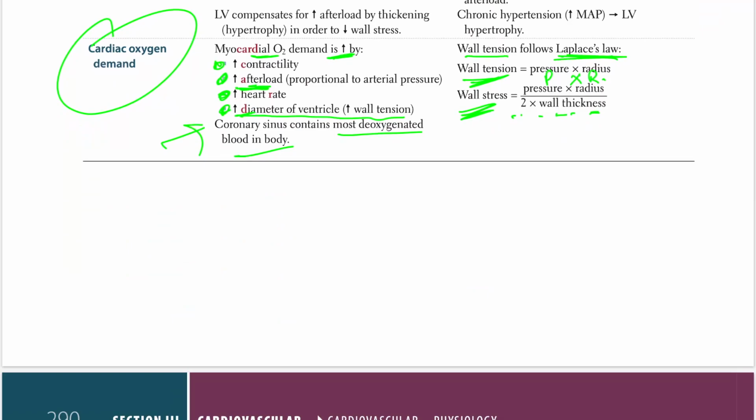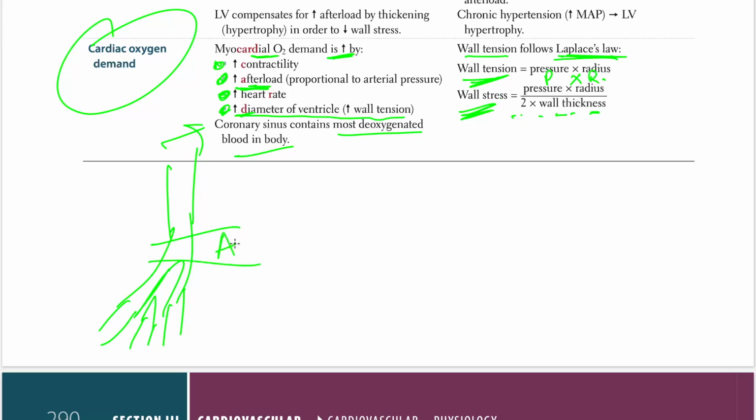So you all know that we have the aorta, and the aorta is a big artery, right? After that, we're going to go into arterioles, small arterioles, which are sort of a branching, right? These arterioles here, they have the highest resistance.